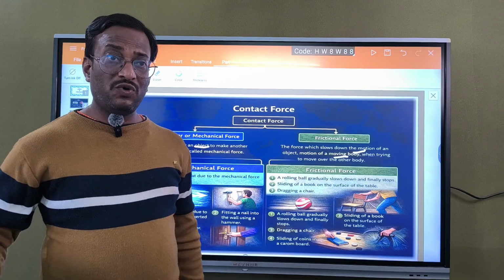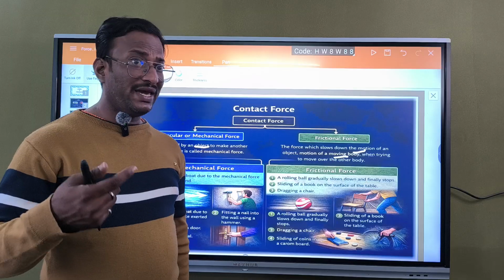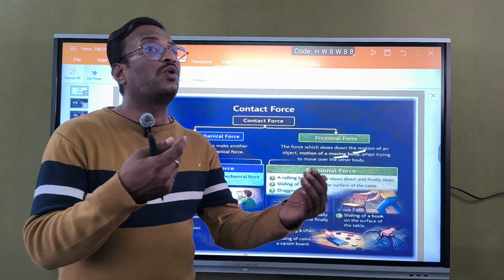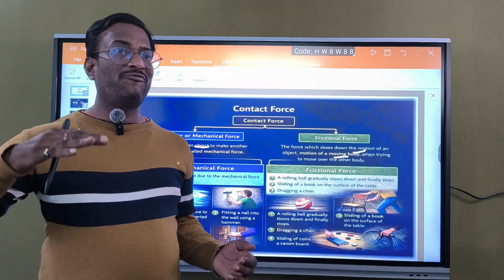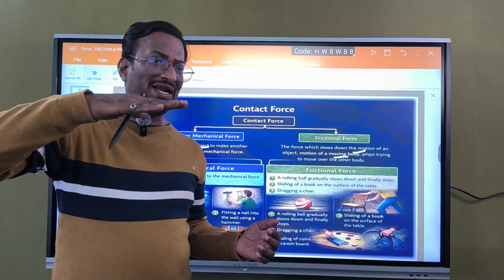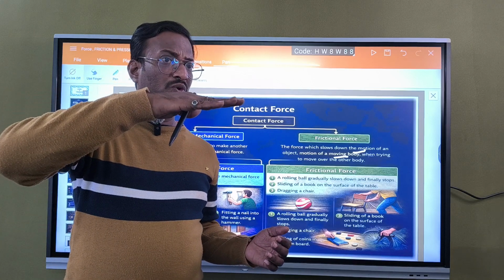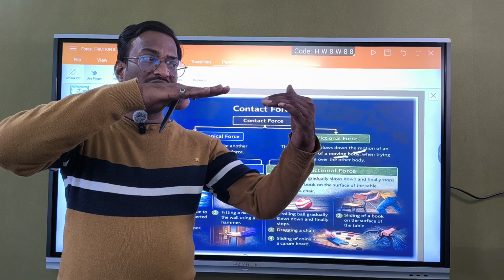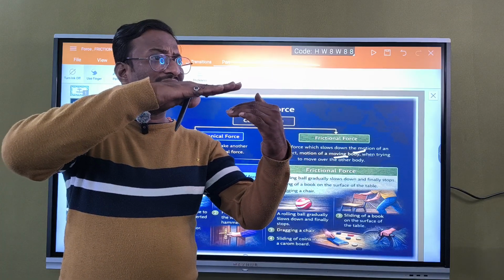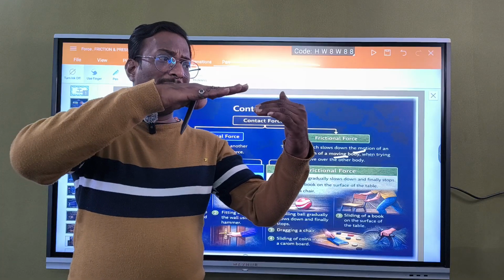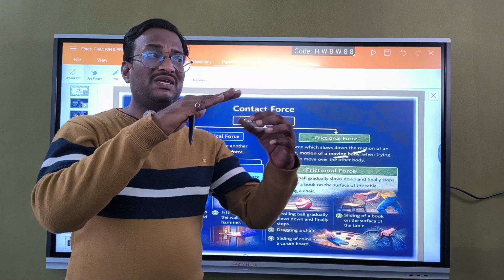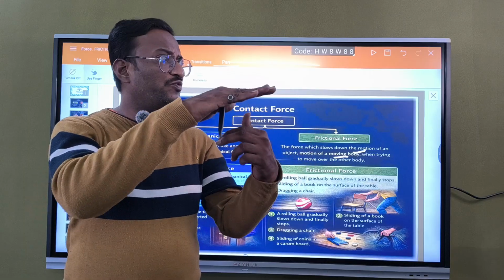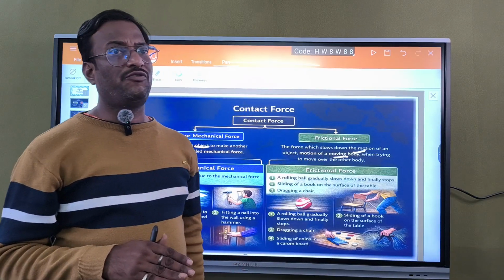There is some force which is making the cycle slow down. The pedaling force is in one direction, so there is another force in exactly the opposite direction making the cycle move slowly. There is some external force there. That force we call frictional force.